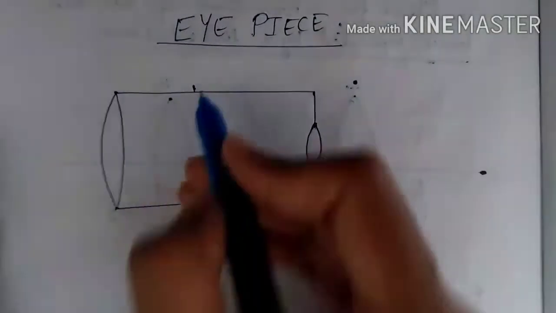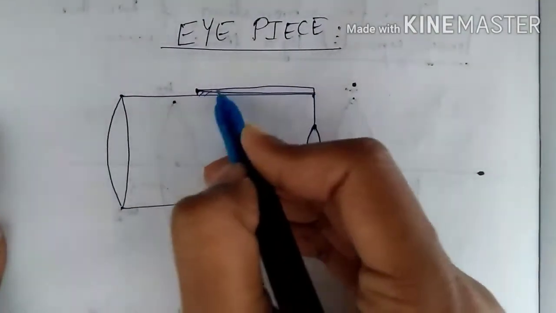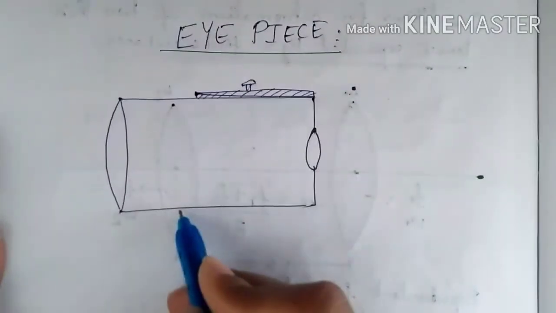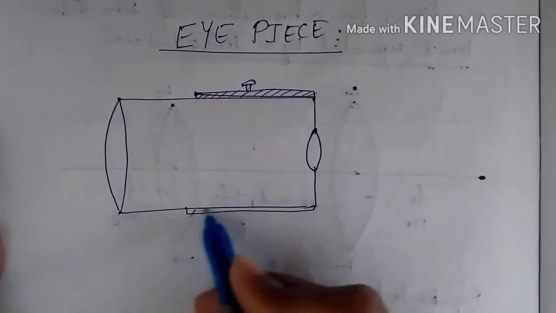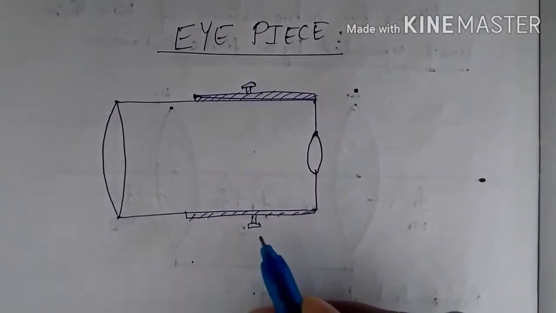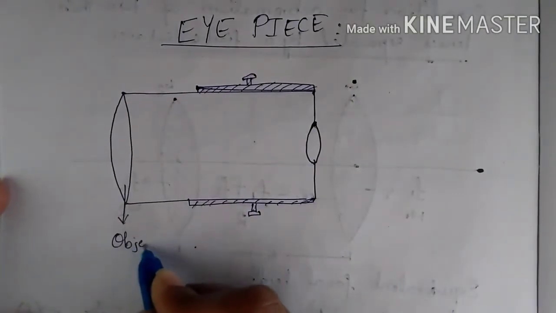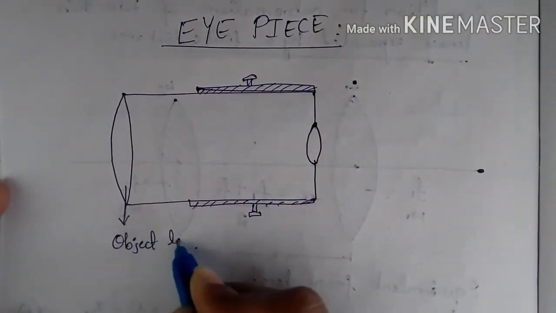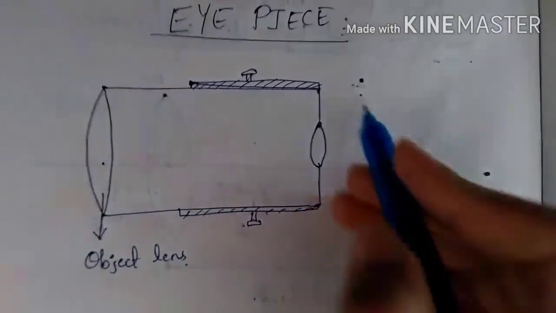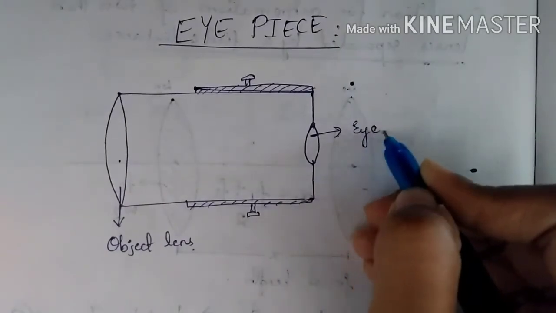So the first lens which you are seeing here is the object lens. So this is called object lens. So the object will be beyond this lens, and here you have the eye lens.